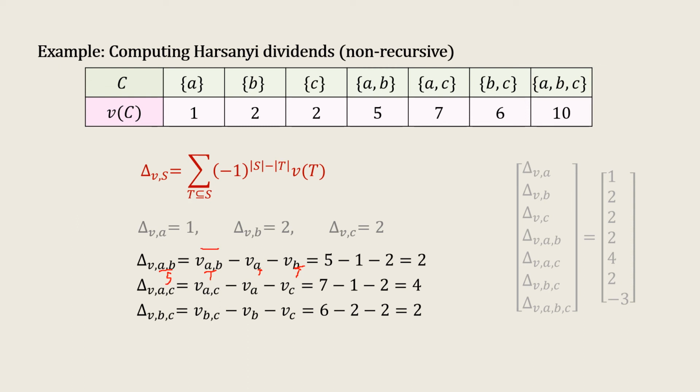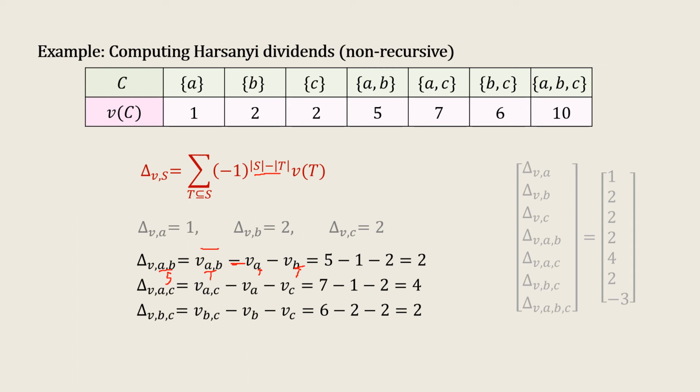And then when T equals A and S is still AB, the size difference is 1. Negative 1 to the power of 1 is negative, whence I have this negative sign here. And what's V of T in this case?